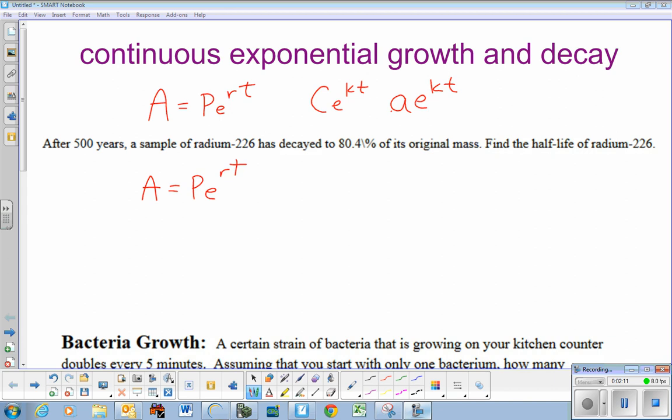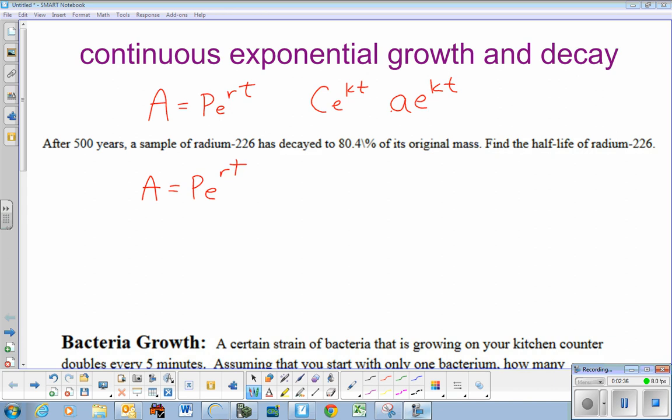So usually with this radioactive material, the rate is something that's unique for that material, that element or whatever. That's like the interest rate that's usually given in an investment problem, but we're not usually going to know this r value, or k if you use a different version of this equation. But let's figure out what we do know.